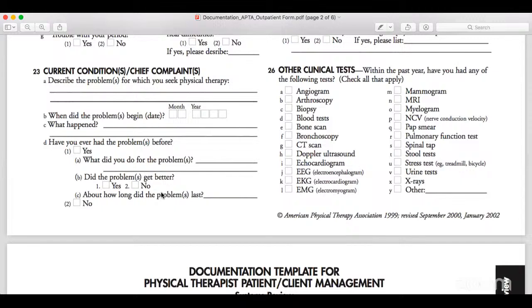When you ask the patient, say 3 months ago, over what period did you get the maximum symptoms? And the patient says over 2 months. That's more of a degenerative condition, because the degenerative condition continues to get worse and worse, not over minutes or hours, but over months.